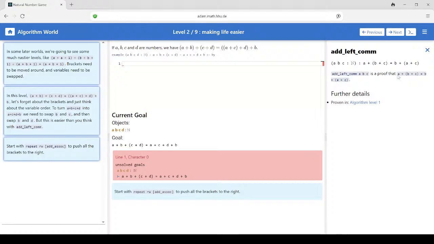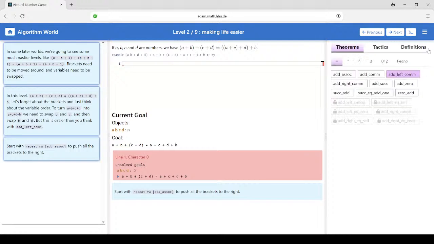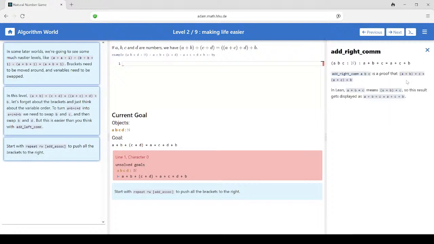So we trade these two places, whereas add right commute, a plus b plus c becomes a plus c plus b, in which these two, the ones on the right, switch. That makes sense. This one switches the ones on the left. Okay.